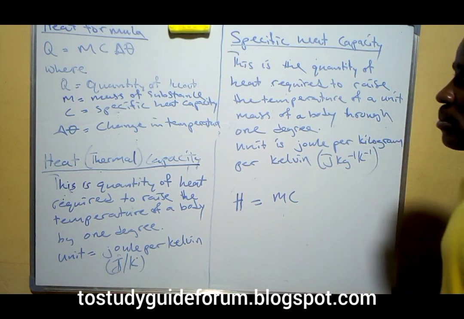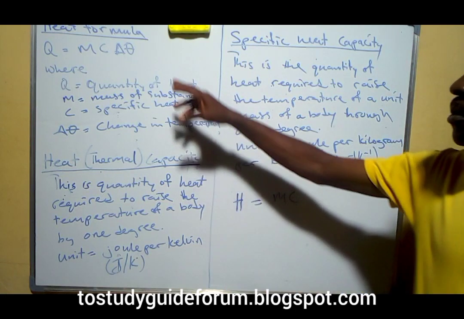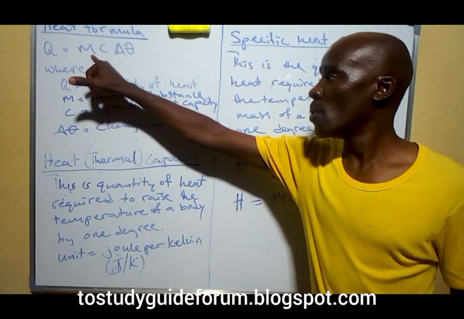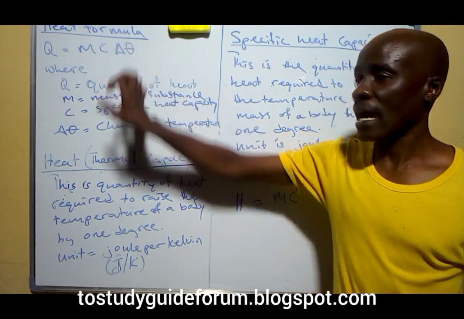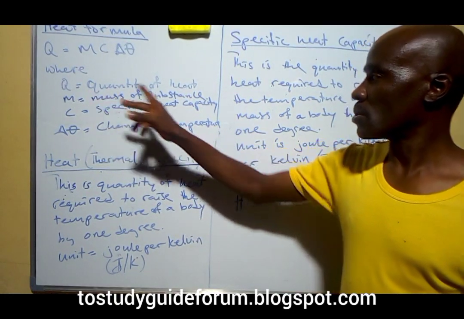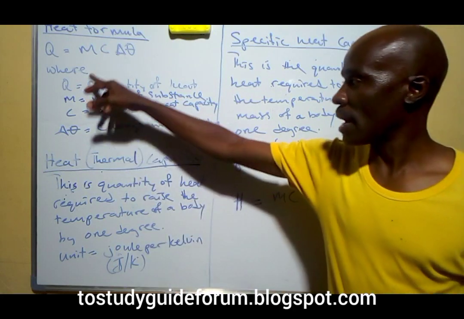Here we have some things we're going to look at on the board. Here we have the heat formula. You know that heat formula is what? Q = mcΔθ. That is to say, where Q is quantity of heat or energy, we have m as what?